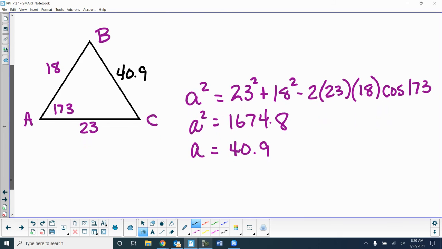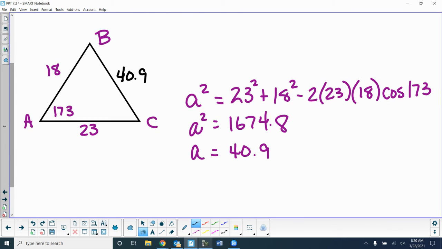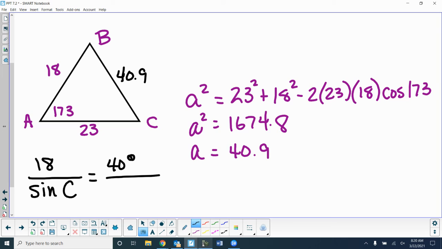If I'm looking for angle C, I have to use sine C. So what's my proportion? 18 over sine of C equals 40.9 over sine of 173. So we're going to do that and find the next one.